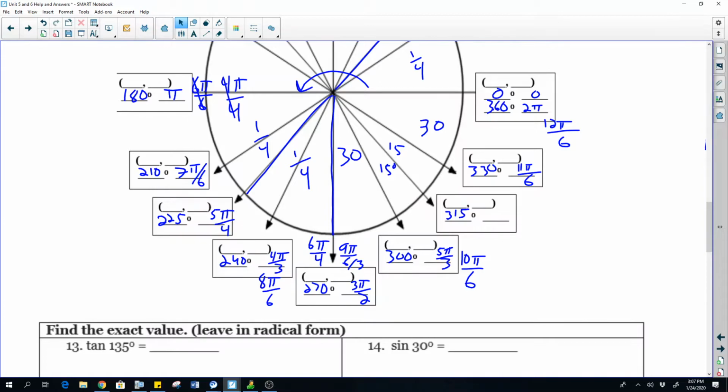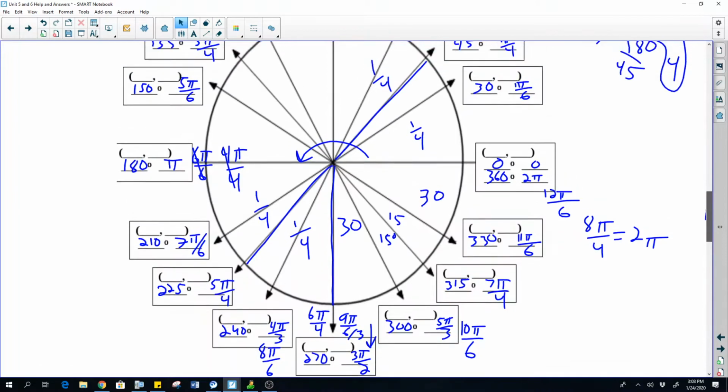Same thing. After 6 pi over 4 is, wait for it, 7 pi over 4, and then 8 pi over 4, which reduces to 2 pi once again. Cool. So that's all the radians, all the way around.